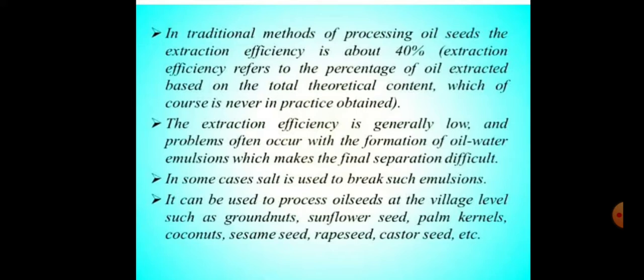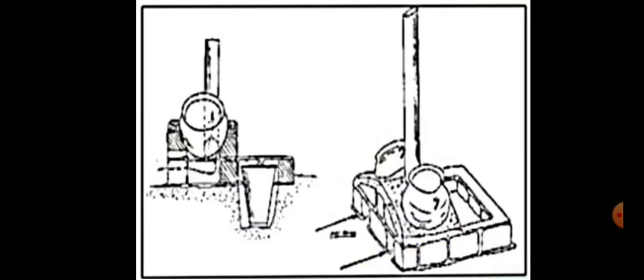In some cases, salt is also added to break such emulsions. It can be used to process oilseed at the village level, such as groundnut, sunflower seeds, palm kernels, coconut, sesame seed, rapeseed, castor seed, etc. This is a simple diagram of oil extraction with the indigenous method.